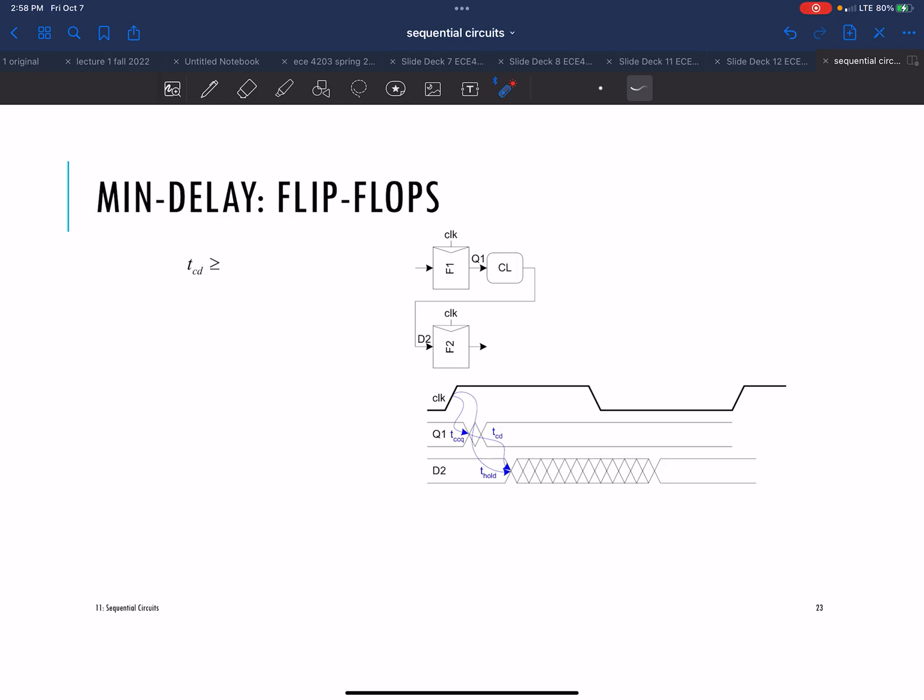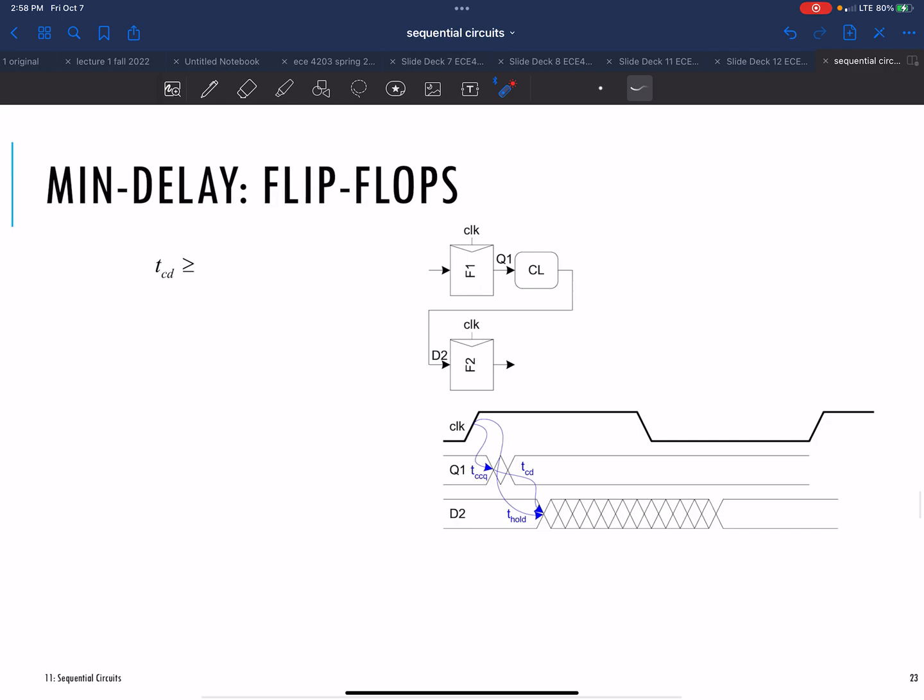Okay? And that's what happens at the other extreme. Let's say you have a layer of flip-flops and you have a set of combinational logic till you get to the next flip-flop.